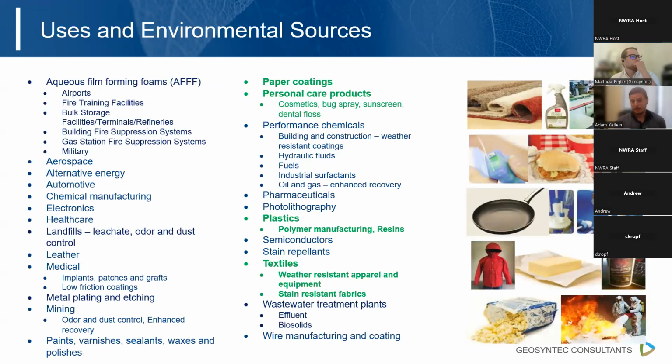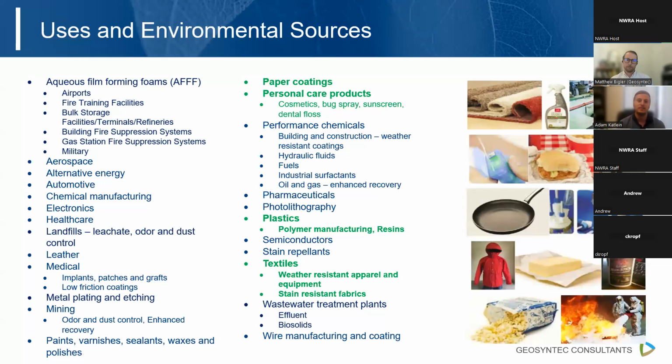So obviously I'm not going to go through this whole list, but PFAS in general has been found in a very wide variety of products, wide variety of manufacturers, and wide variety of uses throughout our everyday use and facility uses. I just wanted to highlight in green a couple of the everyday or sampling products that we use or would be expected to use at sampling programs that we have to be aware of that may contain PFAS, so that we look to limit our exposure to those.